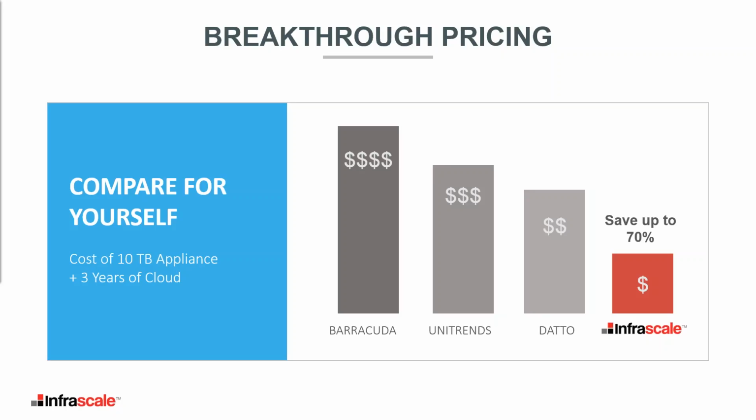This is an apples-to-apples comparison that we did. It was a 10 terabyte appliance with 3 years of cloud storage bundled in. Against Barracuda, Unitrends, and Datto, the InfraScale cost was up to 70% less.